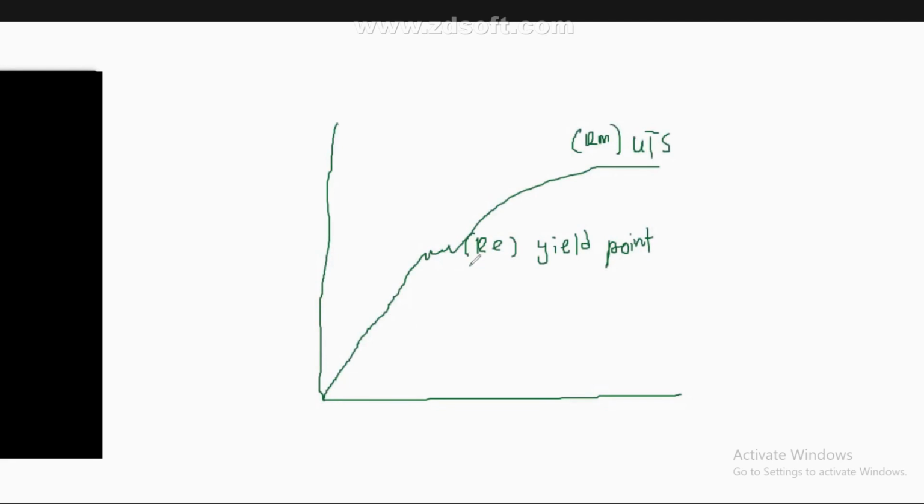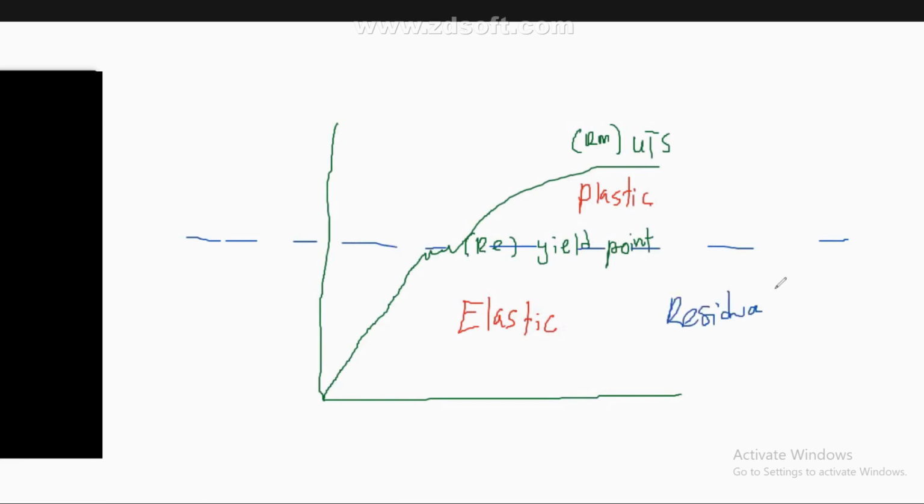Now, below the yield point we understand this is the area of elastic. Above yield, this is plastic. The area of elastic is the area of residual stress.